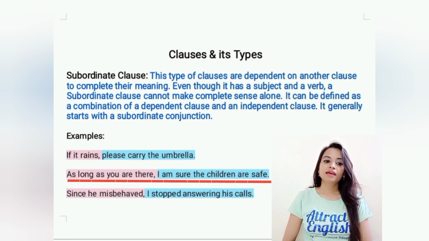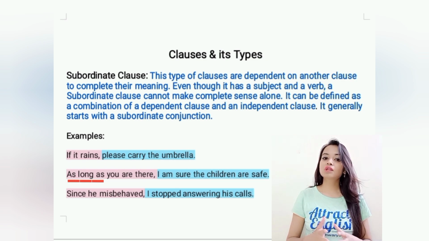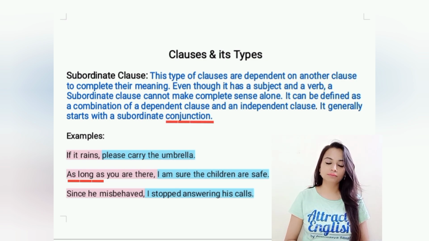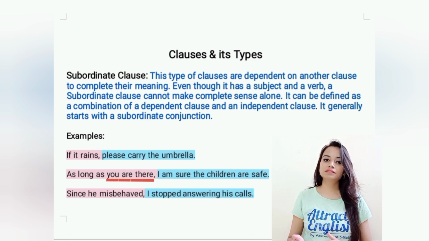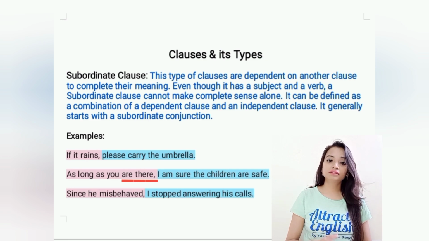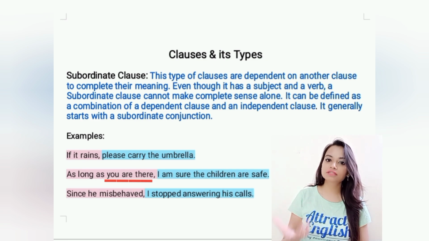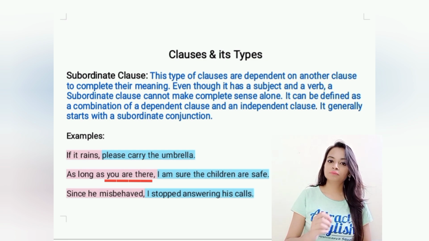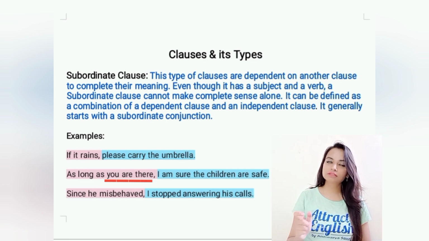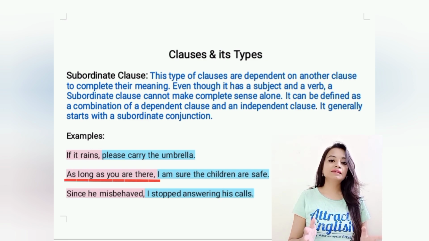Second, "as long as you are there, I'm sure the children are safe." "As long as" is a conjunction, then "you are there." So "you" is the subject, "are there" indicates your presence, the state of being. That means a verb. So "as long as you are there" is a dependent clause.